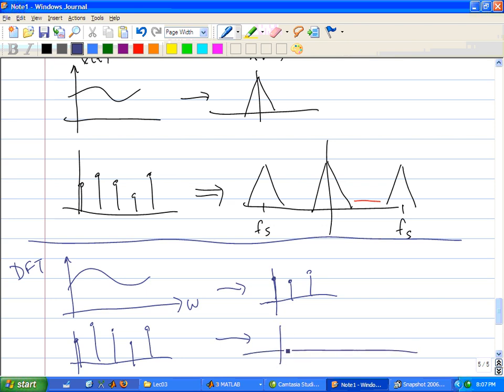The time-based signal becomes repeated, and the period just happens to be the number of samples you take of that DTFT in the first place.